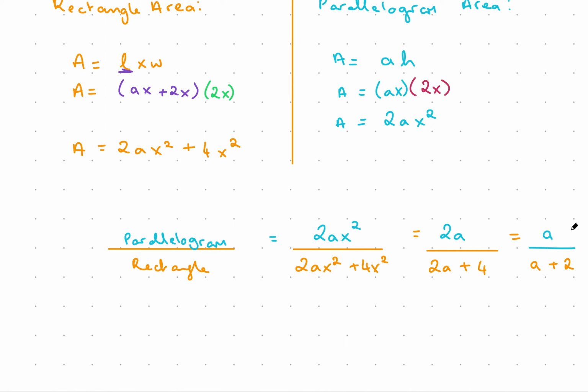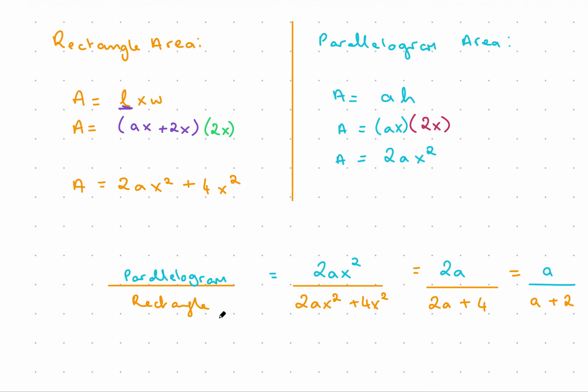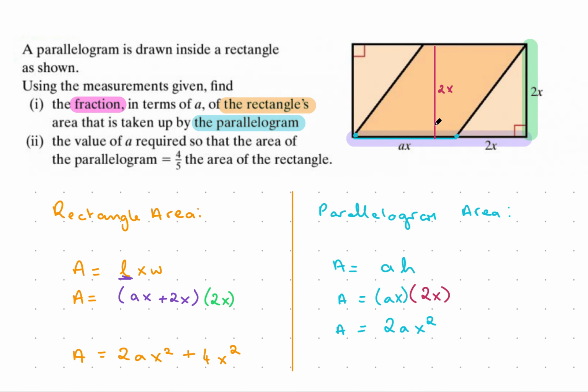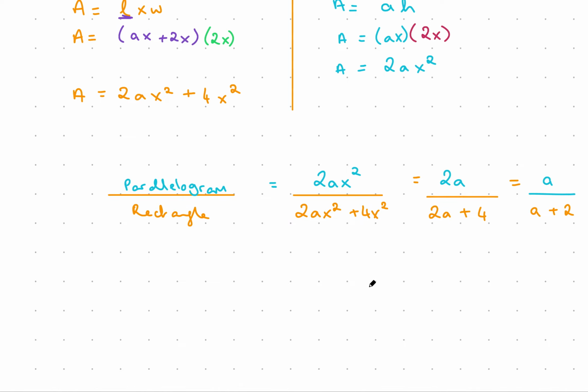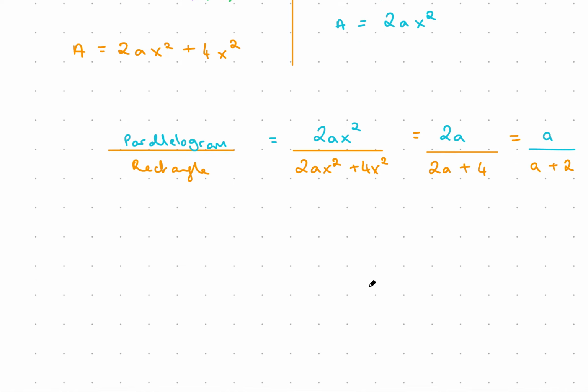We just found out that the fraction for any rectangle and parallelogram where the side length of the parallelogram is ax would work out to be a all over a plus 2. We actually now know that in our scenario this fraction works out to be 4/5. So I can take that and let it equal 4/5.